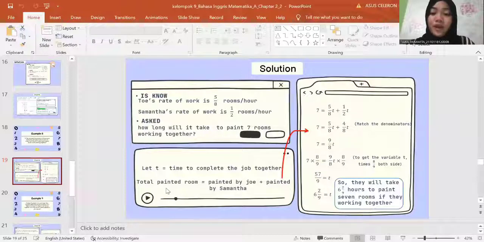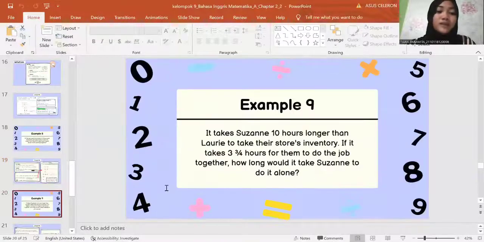So 56/9 equals t. t equals 6 2/9. So they will take 6 2/9 hours to paint 7 rooms if they work together.